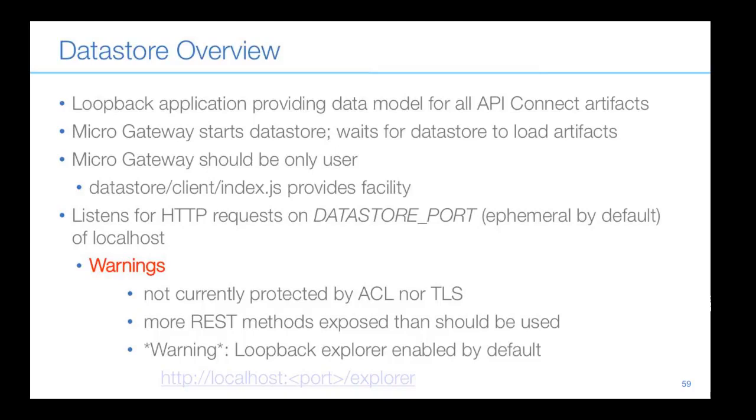There are actually more methods. Since we developed this application using loopback, we left a lot of the defaults, including a lot of the default REST methods that are exposed when creating a loopback application. So right now there are more methods exposed than should really be.